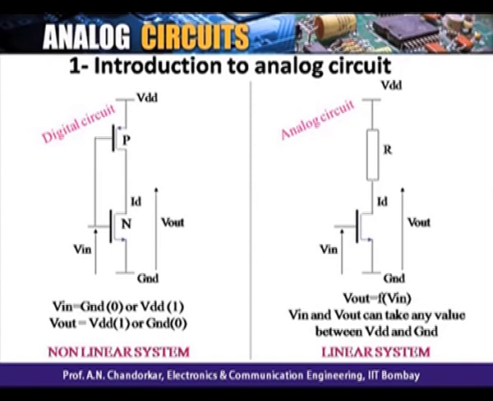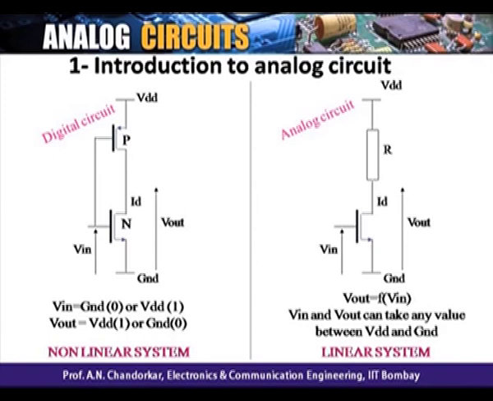When you go from Vin 0 to 1, both transistors will not remain in the same operating mode. One may be in linear, the other in saturation, or both in saturation, both in linear. Since the characteristics in these zones are different, there will be a lot of non-linearity in the Vout, Vin characteristics, called the transfer characteristics. We already did transfer characteristics. So that's a non-linear device.